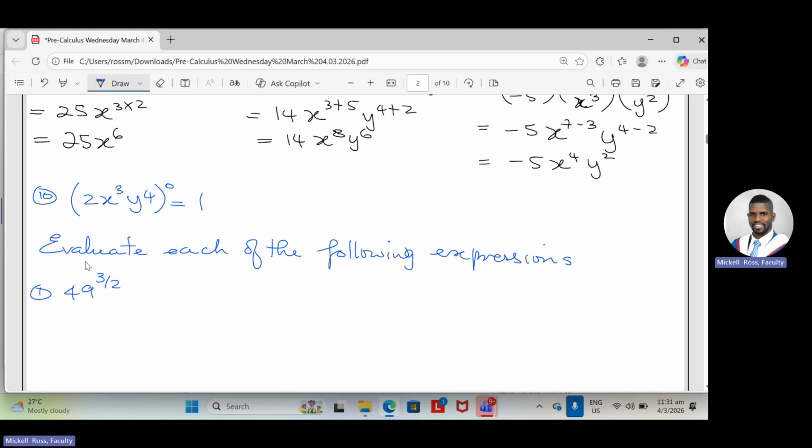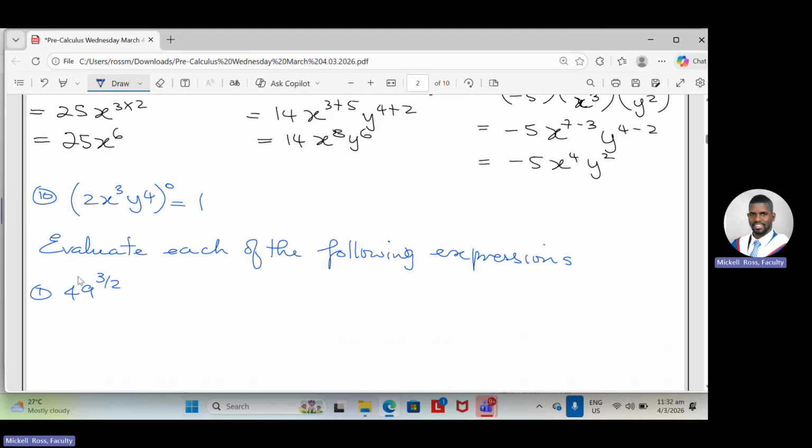Now, say you don't have a calculator and you are asked to do this. Somebody might be thinking to themselves, but that's not possible. I may have to use a calculator, because how do I raise a base to a fractional power?